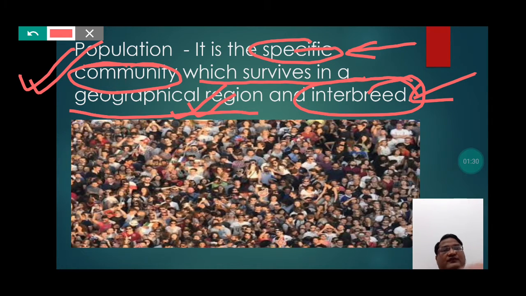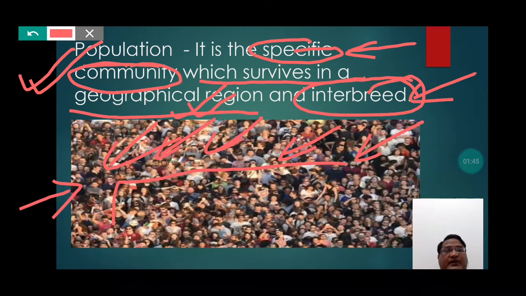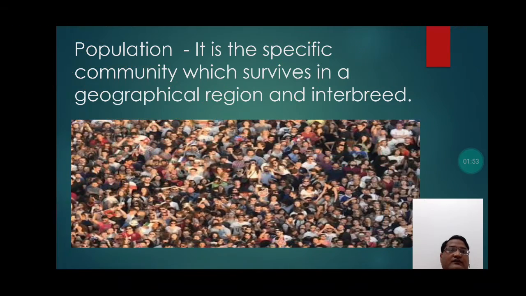So students, if you concentrate here on this picture, then you can understand easily that there are a huge number of similarly appearing organisms who are living in a particular area and are further reproducing, that is, are further inbreeding.